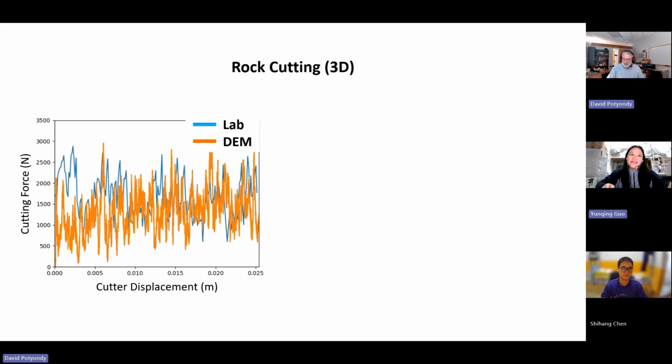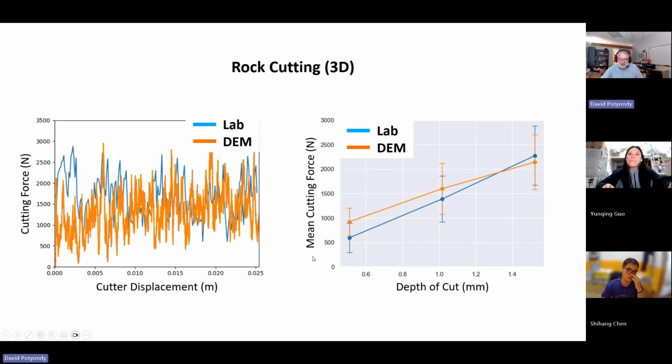And so from this kind of real data, they can take a running average. That's what this is, the mean cutting force. They can take the whole entire run and take an average for a certain depth of cut. Then they change the depth of cut.